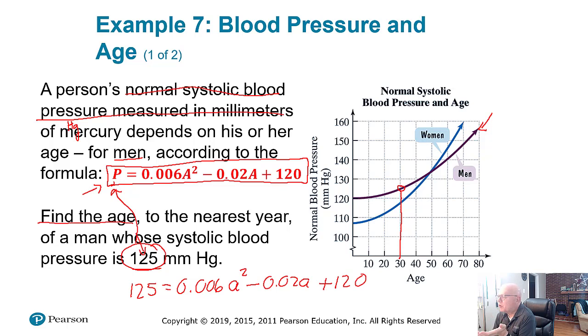Now, if you want to, you can just make those A's X's. It's up to you, really, because you're just finding the value of a variable. You've got a quadratic. Notice there's a 125 on one side. It needs to be a 0. So you have to subtract 125 from both sides before you can use the quadratic formula or before you can factor.